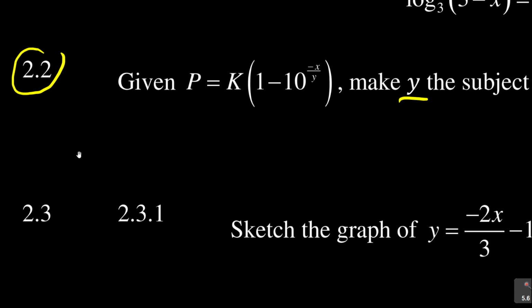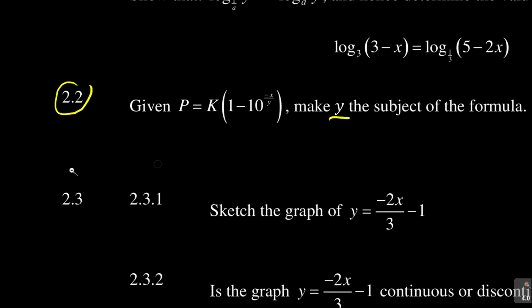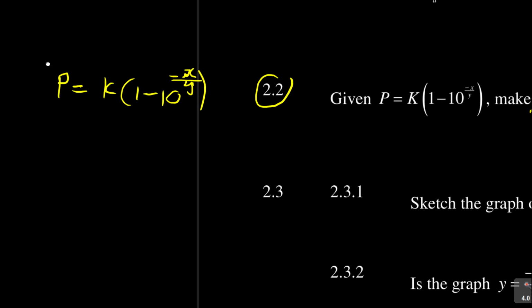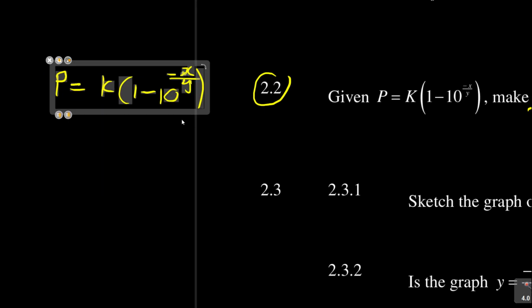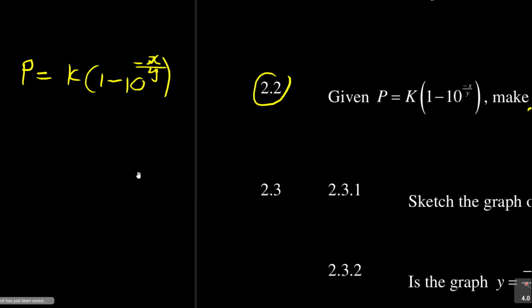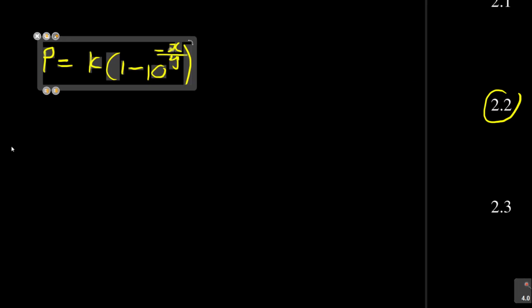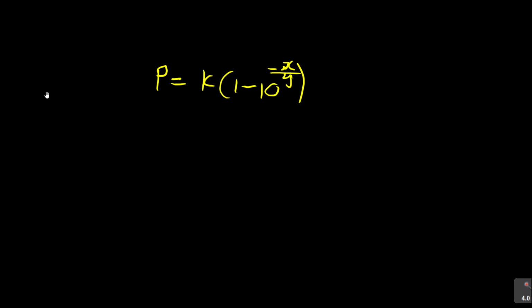If I can write it down: p is equal to k times (1 minus 10 to the negative x over y). So if I can work this from here, we are making y the subject. It's common algebra.